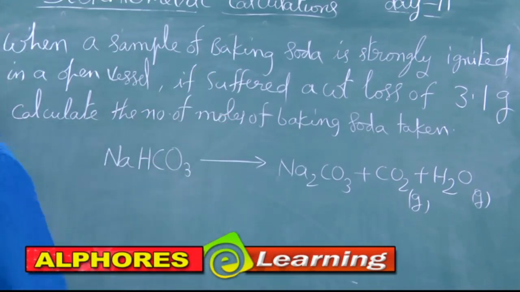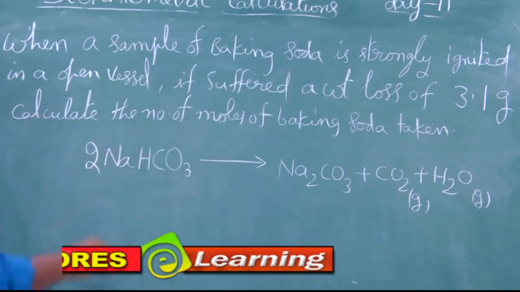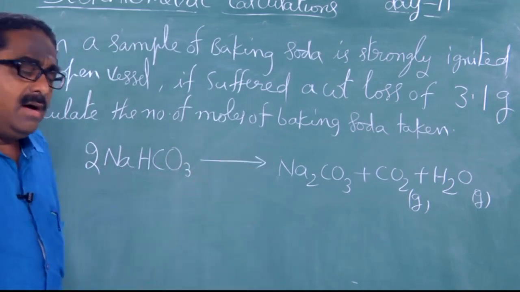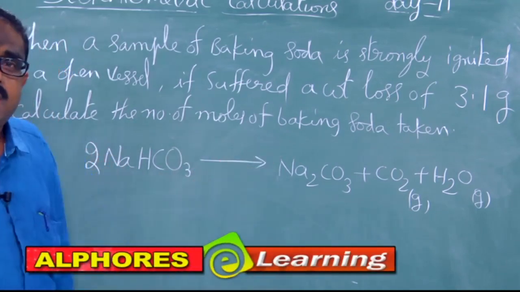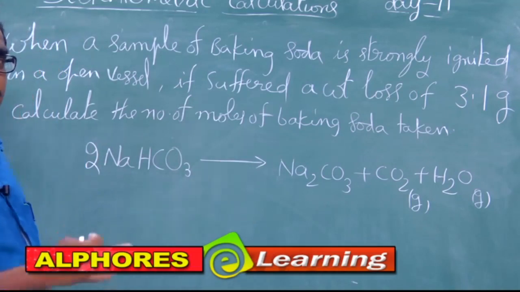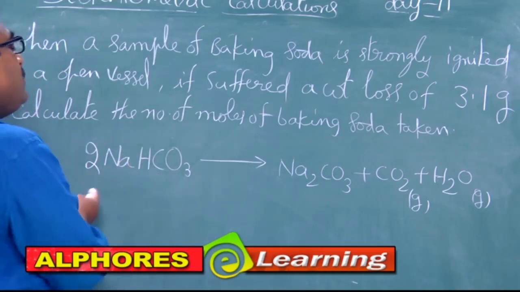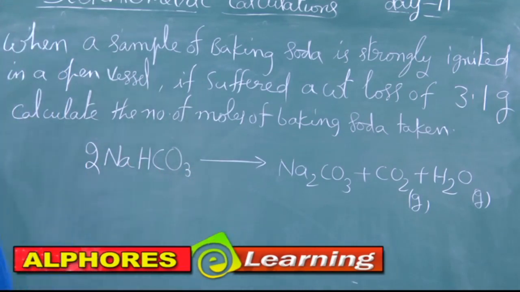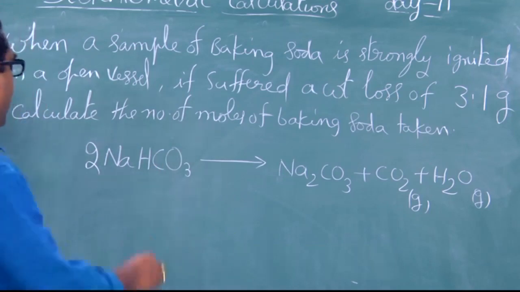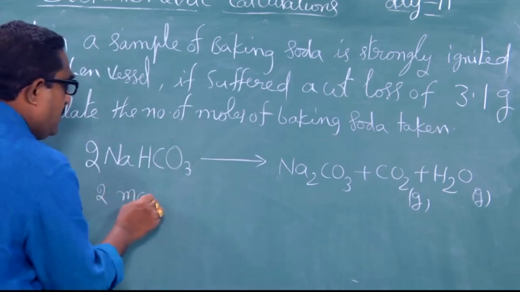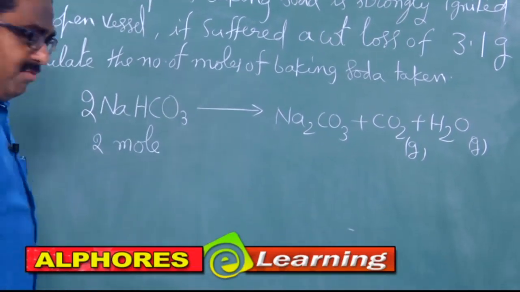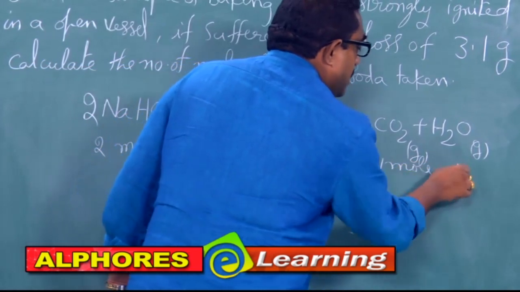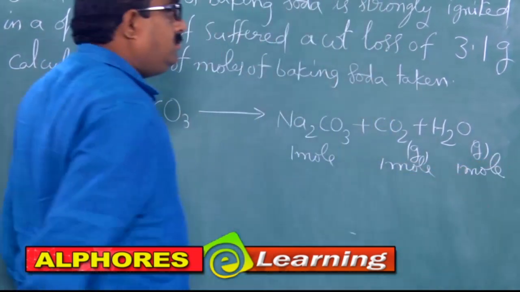Okay. Now I am going to balance this equation. So this is the balanced chemical equation. You will get this knowledge in the first academic year syllabus under the heading of alkali metals and their compounds. Up to that we have to give the equation to you for the calculation. Now, according to this balanced chemical equation, I can write 2 moles gives 1 mole, 1 mole and 1 mole.